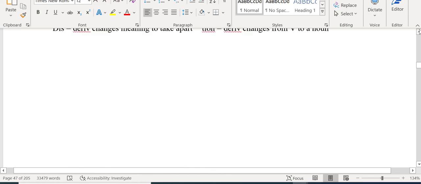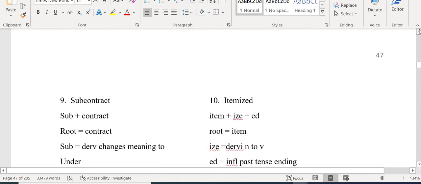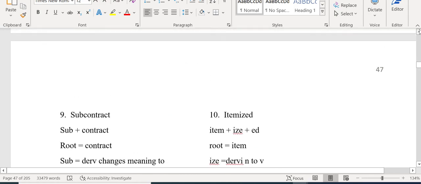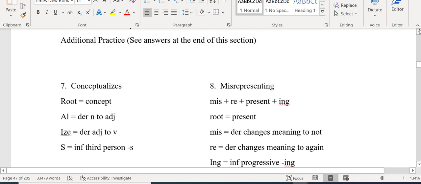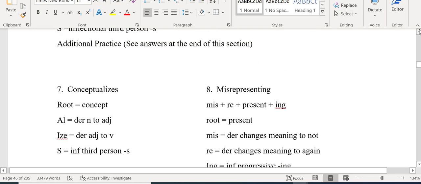So to recap what we talked about, let me just go over the steps one more time. When we're trying to isolate morphemes, which is part of what we do with morphology, the first step is to break the word, for example misrepresenting, into its component morphemes. In this case, we have mis, and then re, and then present, and then ing.